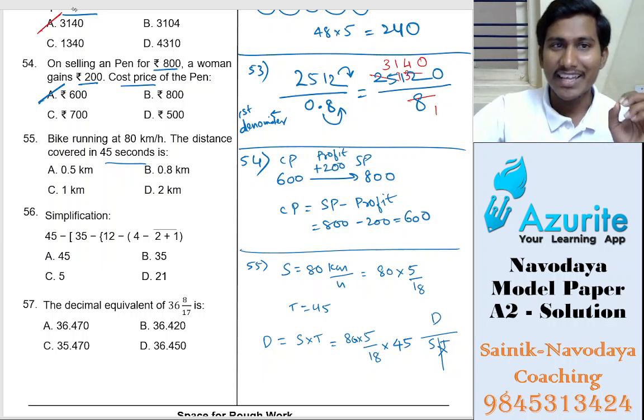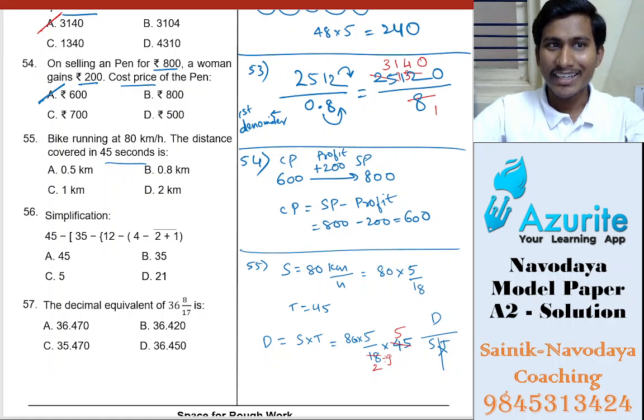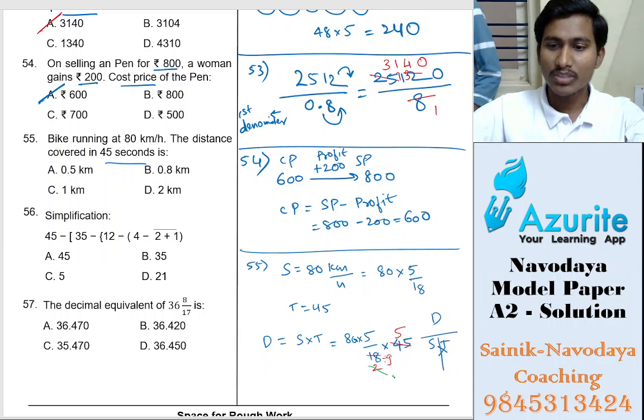Now let us cancel it out first. Here 9 we can cancel, right? 9 2s are 18 here, 9 5s are 45. Now 2 is there, so 2 and 80 we can cancel it out. 2 4s are 8, 0 as it is, so 40.